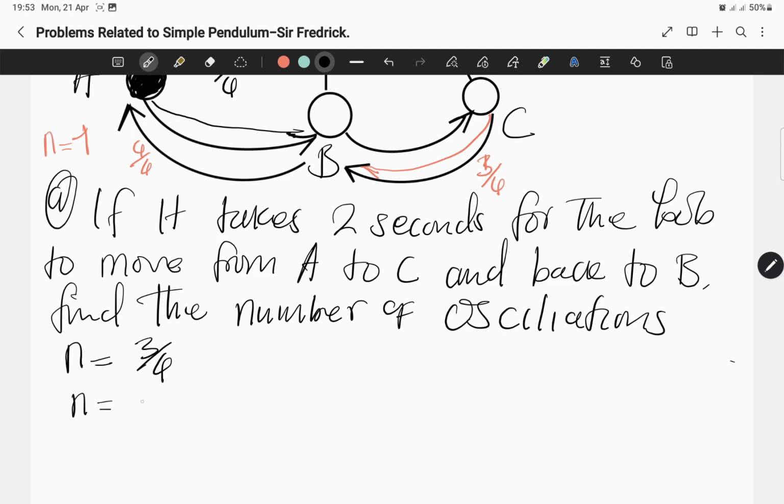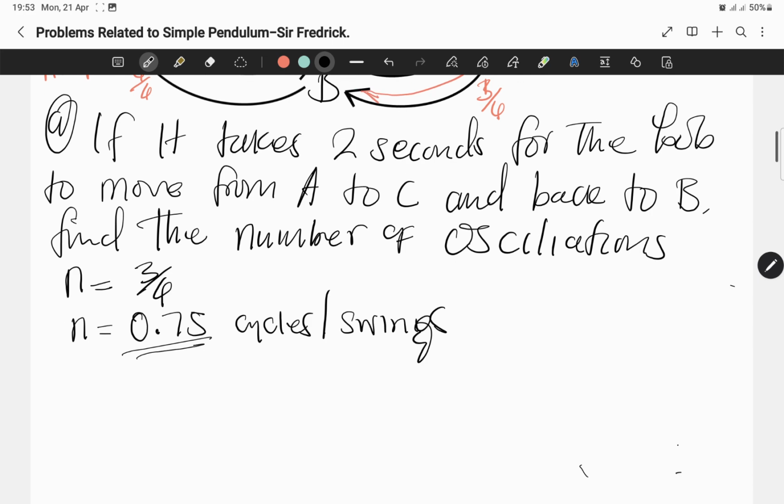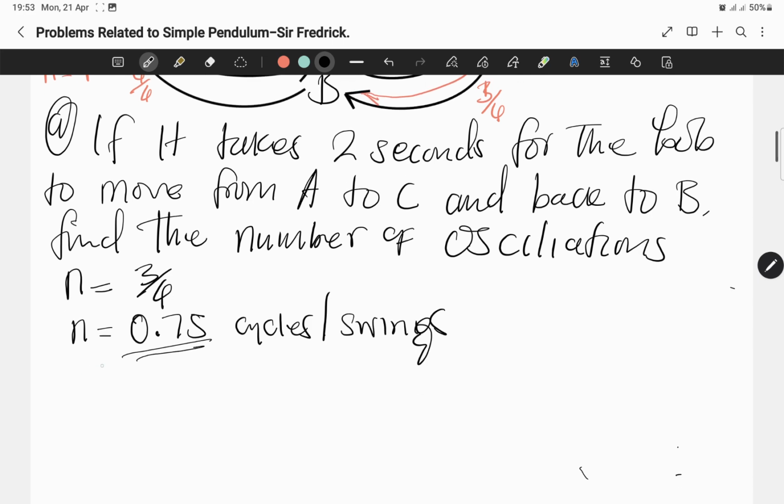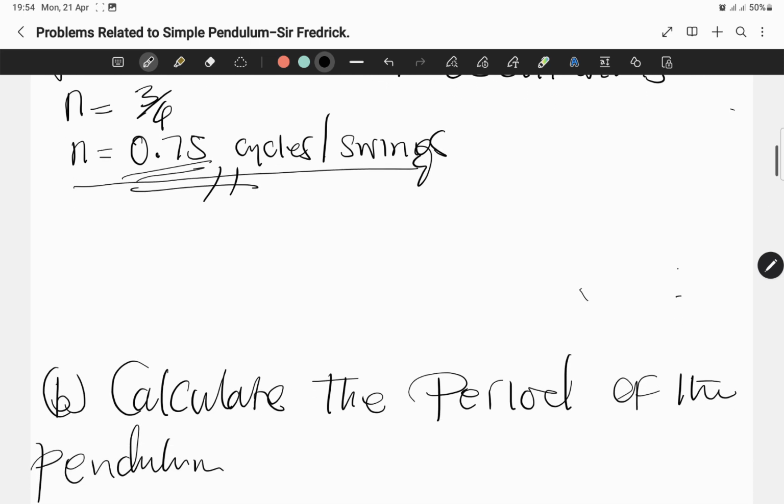That's going to give us 0.75. Number of circles doesn't have an SI unit. You can just say it is equal to 0.75 circles, or you can also say swings. Then you end like that. So this is how we're supposed to handle part A of the question.